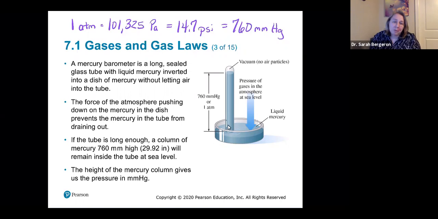The atmosphere will push the mercury up a certain height inside the tube, and how high it goes depends on the pressure in the atmosphere. At sea level, it will rise 760 millimeters in height from the surface level of the dish. So that's where we get the 760 millimeters. It doesn't matter how tall your tube gets, the mercury is only going to rise to 760 millimeters of Hg at sea level. So that's how it was originally determined.